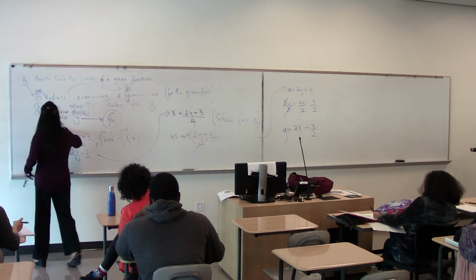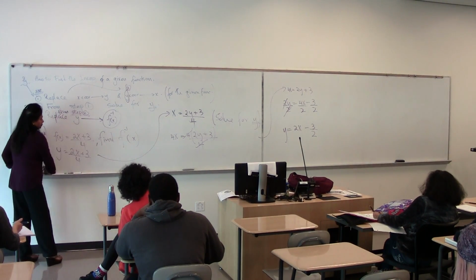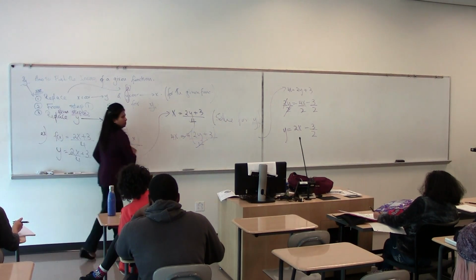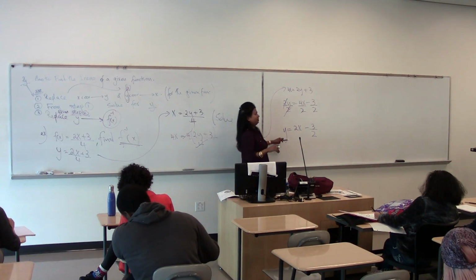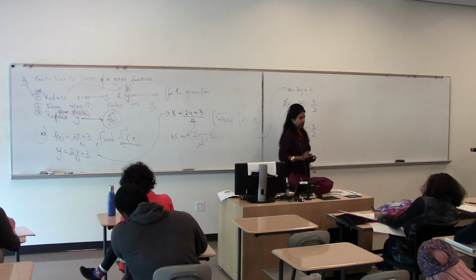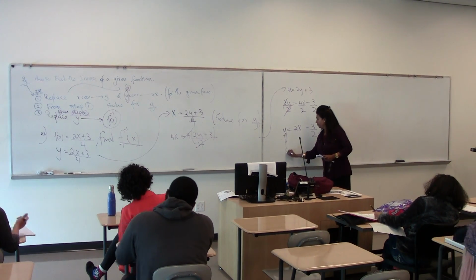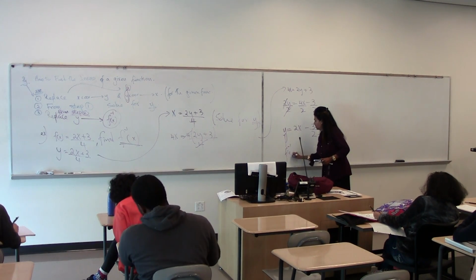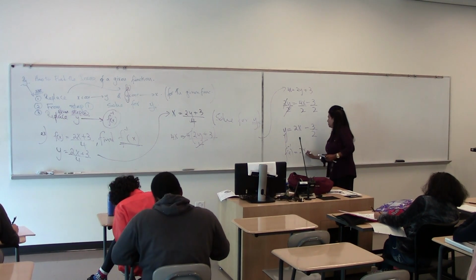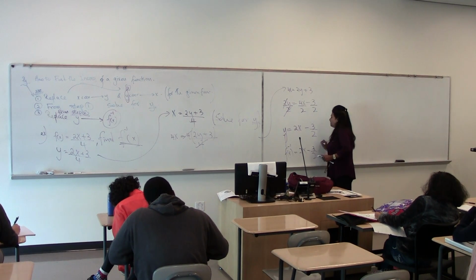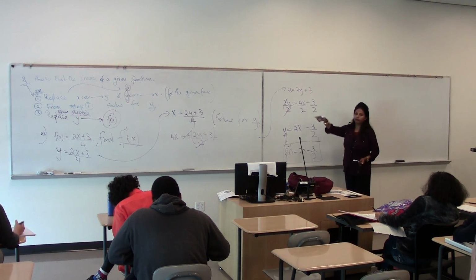I did write that here, okay? Right guys? Because we need to find f inverse of x. So if you give the answer y, it's not good. So now what do you need to do? y needs to be replaced by f inverse of x, which is equal to (4x minus 3) over 2. This means the inverse of the other function.